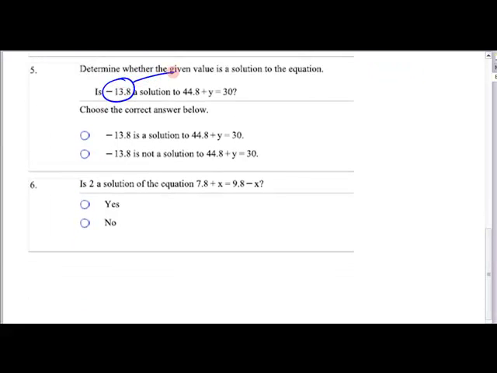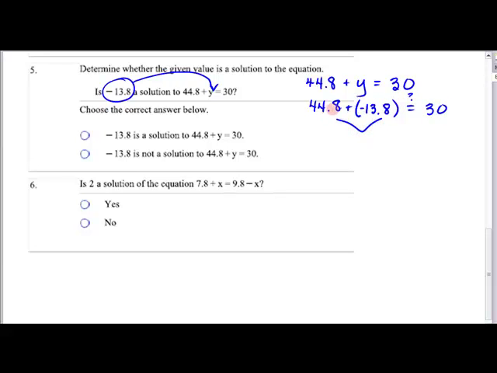It wants to know if negative 13.8 is a solution. So I have 44.8 plus y is equal to 30. So is 44.8 plus a negative 13.8 going to equal 30? This is a question.